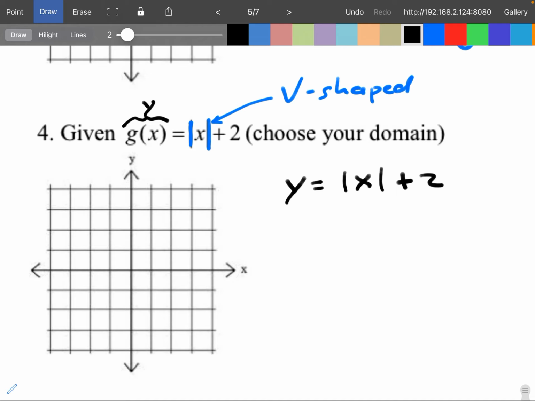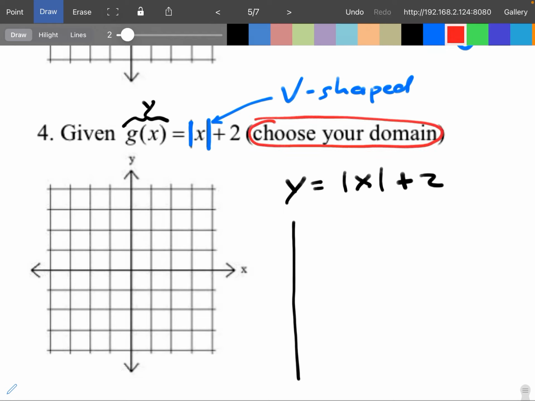This one is already solved for Y. All right, G of X right here, that is the same thing as Y. So this one is just Y equals absolute value of X plus 2. So for this one, I'm just going to pick the same values I used before. Again, it says choose your domain, right?